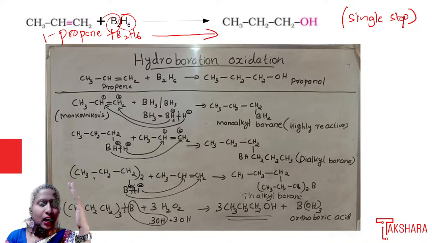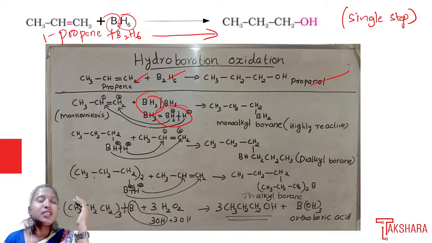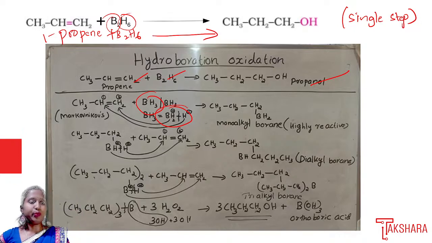So then next we have hydroboration, that means again the hydroboration oxidation. So propene is going to treat with B2H6, so we will get propanol as a product. So here the addition of BH3 is taking place to the alkene, that is the doubly bonded carbon atoms of propene.